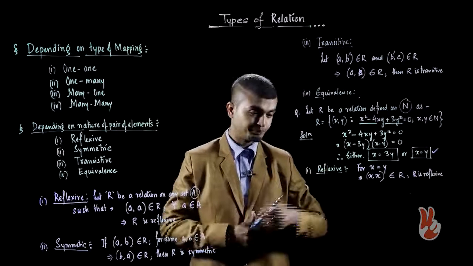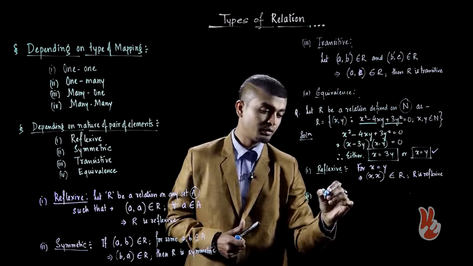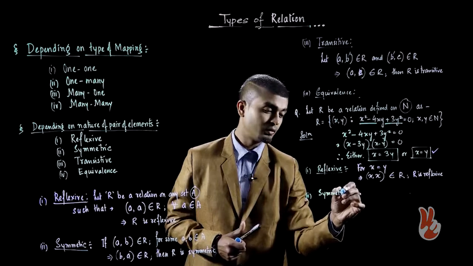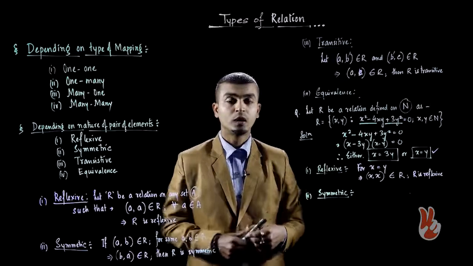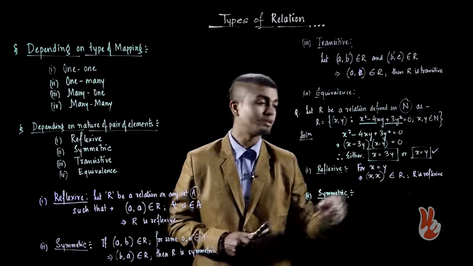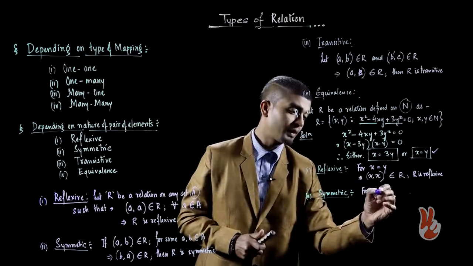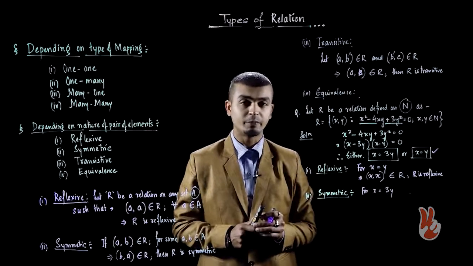Number 2, we have to check its symmetricity, whether it is symmetric or not. Now, to check the symmetricity, I will be considering the first equation, that is x equal to 3y. Let us take some arbitrary pair.